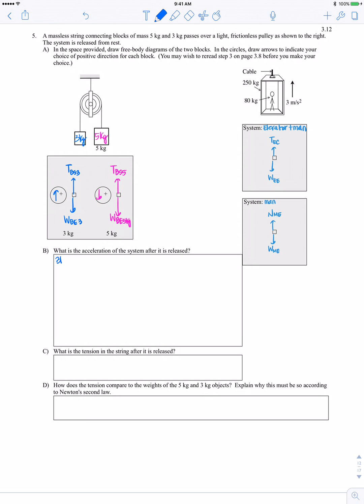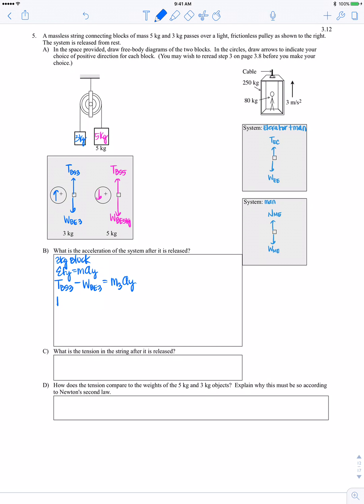So for the 3 kilogram block, net force in the y direction equals M A_y, and tension minus weight is going to equal mass times acceleration. So M3, the mass of the 3 kilogram block, times acceleration.